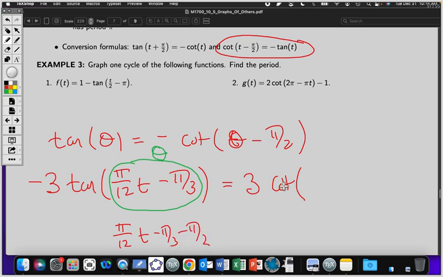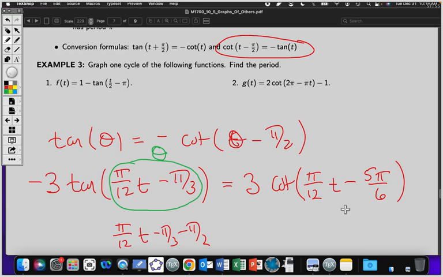If I get the common denominators here, that's pi over 6's. So we'd have 2 pi over 6's and 3 pi over 6's. So it'd be a minus 5 pi over 6. Okay, so we could get it that way.